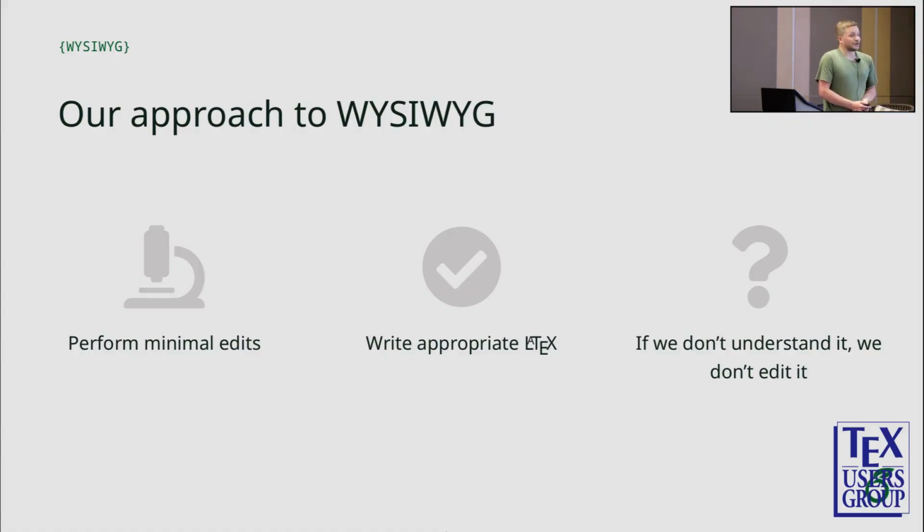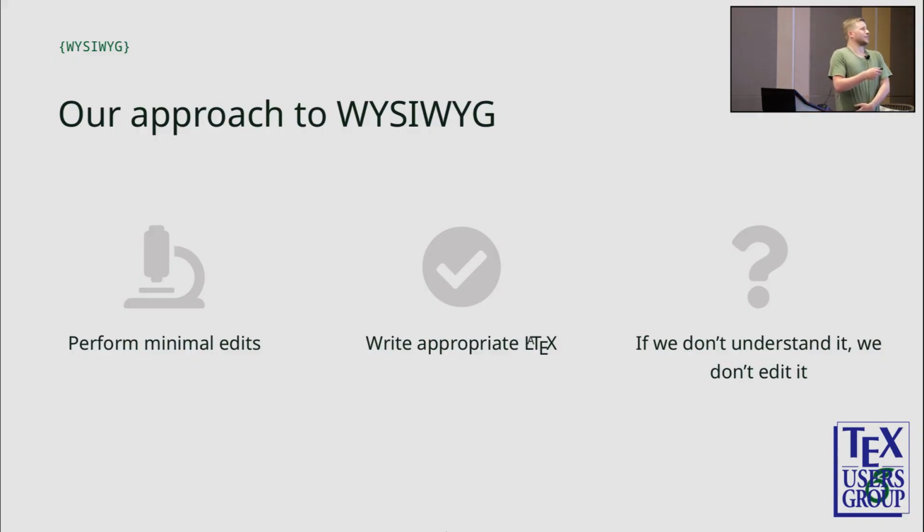We have a lot of respect for the LaTeX code that people write in Overleaf, so we have some guiding lights to how we want to treat WYSIWYG in our editor. The first one is that we want to perform minimal edits. One thing is we don't want to change your formatting and insert a lot of spurious content like in the previous example, but also we have things like track changes, and if you changed a typo in a table, we don't want it to look like you've deleted and created an entirely new table.